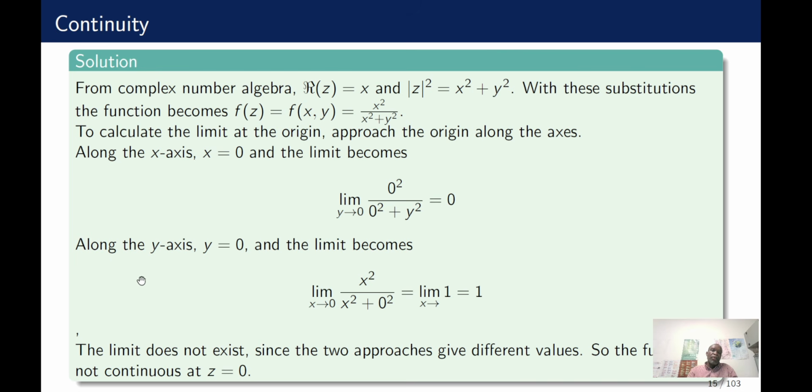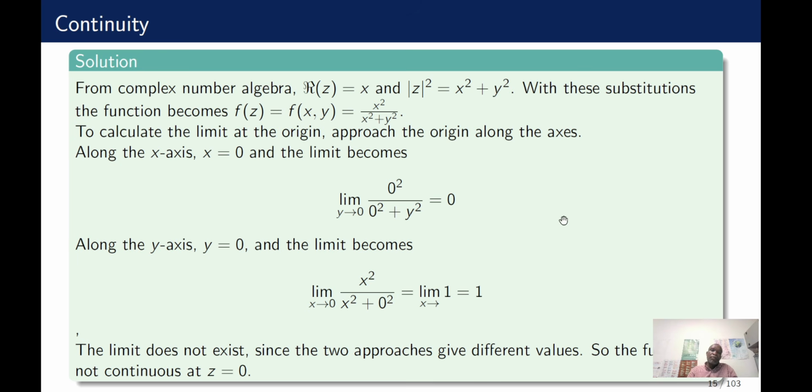Then you want to approach now along the y-axis. Along the y-axis, y is equal to 0. So in this case, it's going to be x squared over x squared plus 0, which is equal to 1.